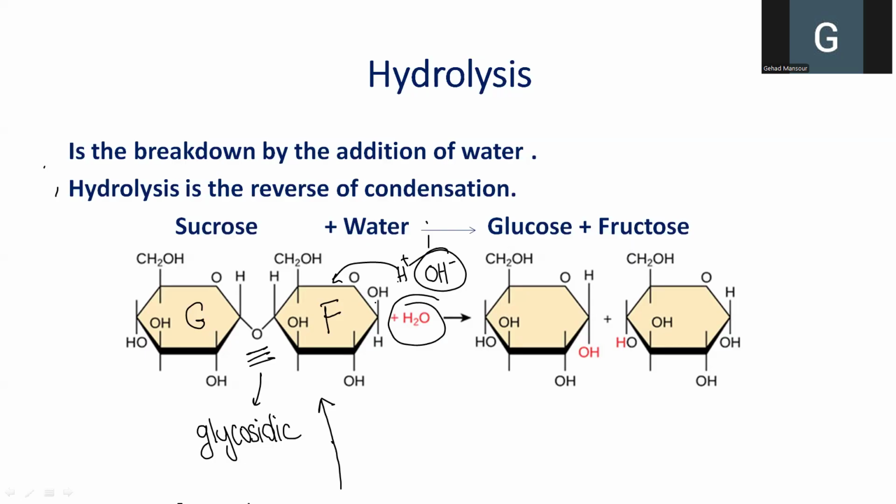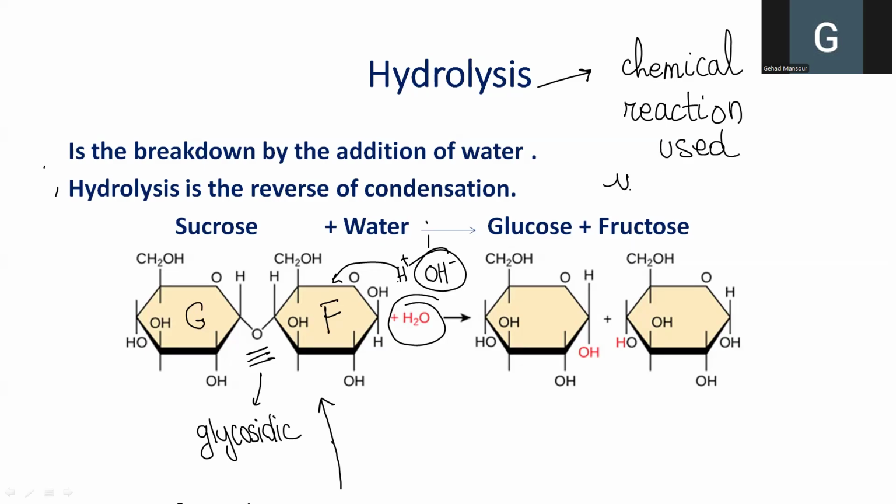In order to break down sucrose into its simpler components, which are the monosaccharides, glucose and fructose, you need water. So as we saw during our study of the digestive system, hydrolysis is the chemical reaction of digestion of food. It is the chemical reaction that is used in chemical digestion of food.